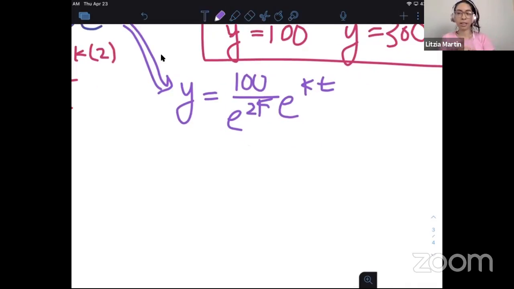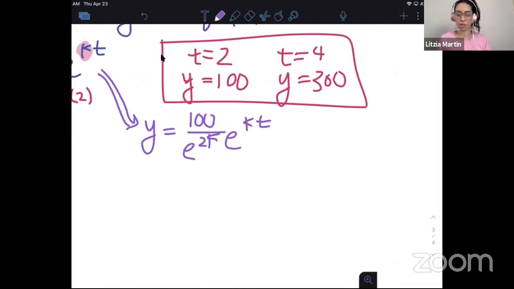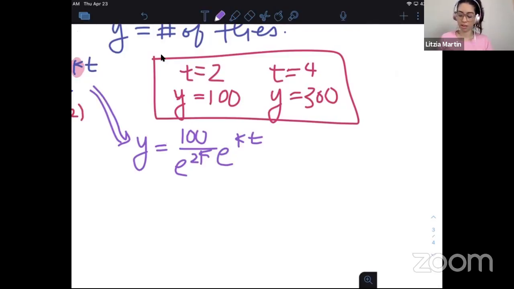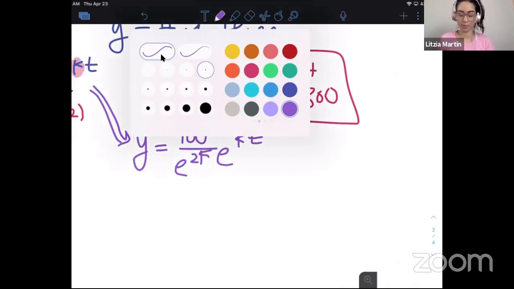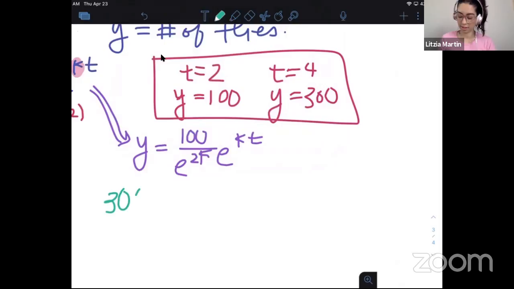All right, so from here we can plug in the next set of information to try to solve for k, which is t equal to 4 and y equal to 300. Let's actually rewrite this so that things can look neater, because we have 100 divided by e to the 2k, and then that's being multiplied by e to the kt.